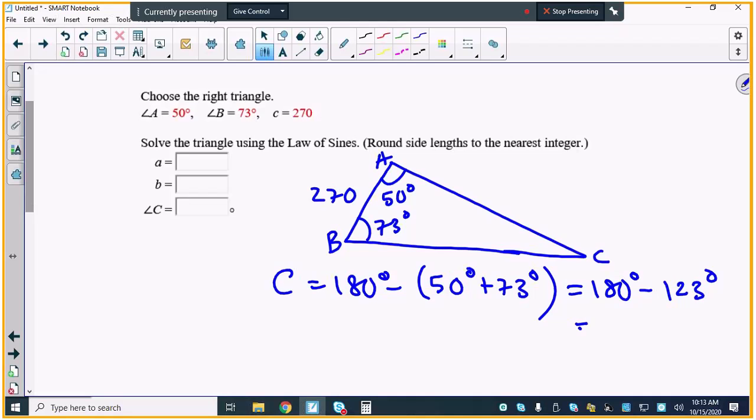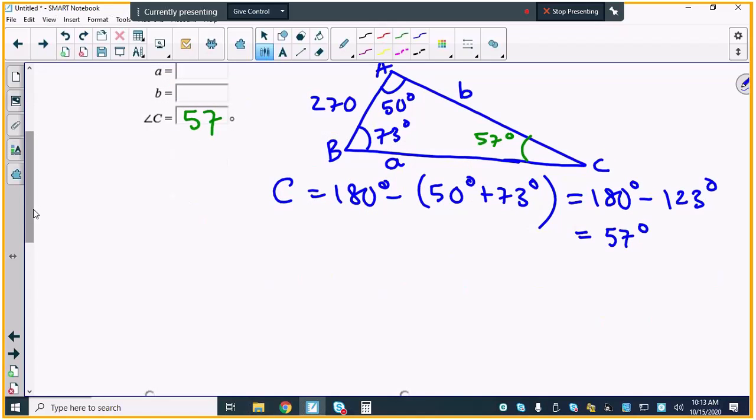And then when I do the calculation, I get 57 degrees. So that is your angle C. We have found one piece of information already, so you can put that in. That's 57 degrees. Now remember, I'm going to find out two sides, and these sides are A, that is missing, and the side B. So how do I do it?